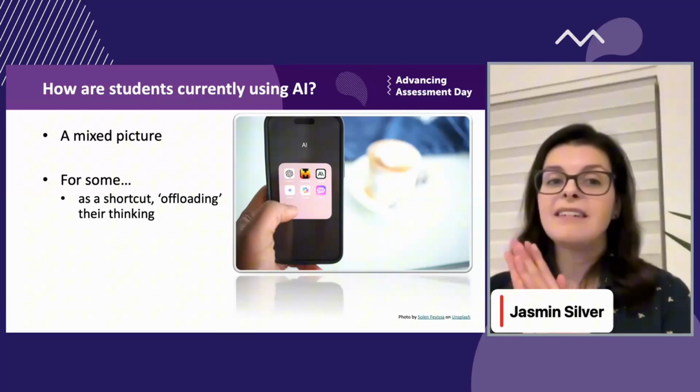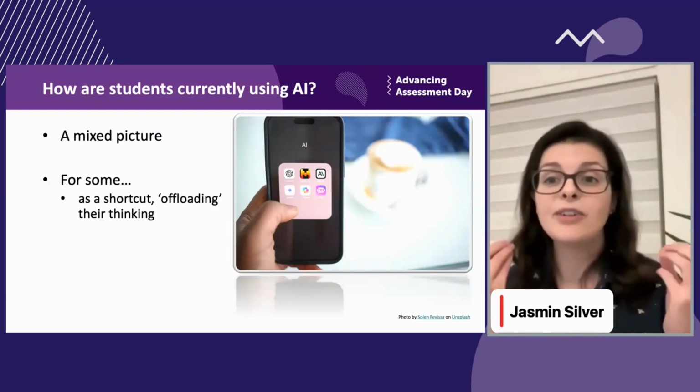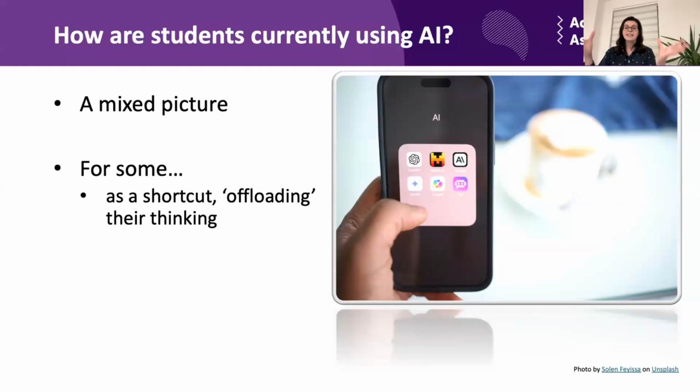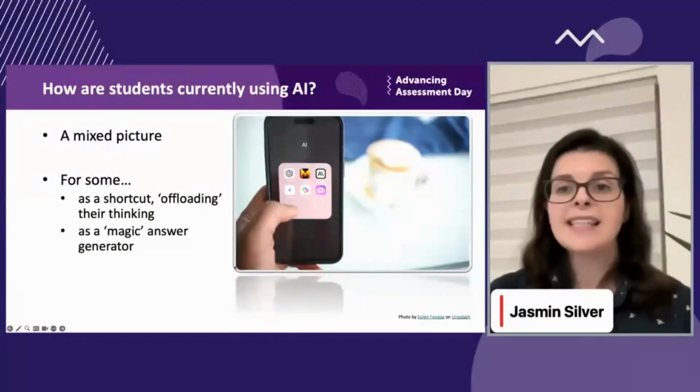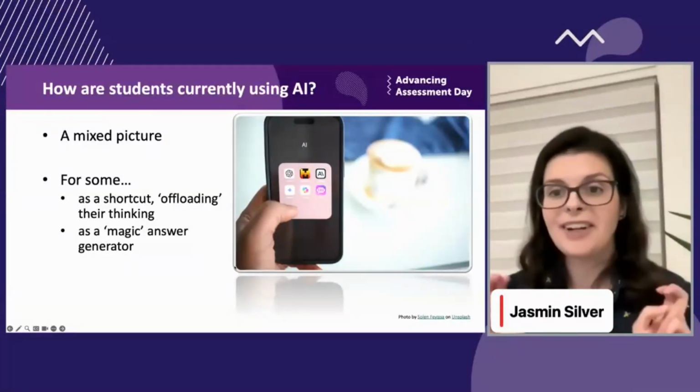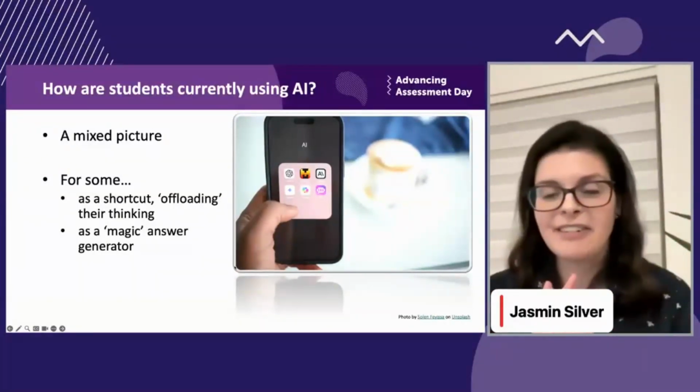So they are not using their brains, really. They're not engaging in critical thinking, just typing something into a chatbot. They could also think of it as a magic answer generator.